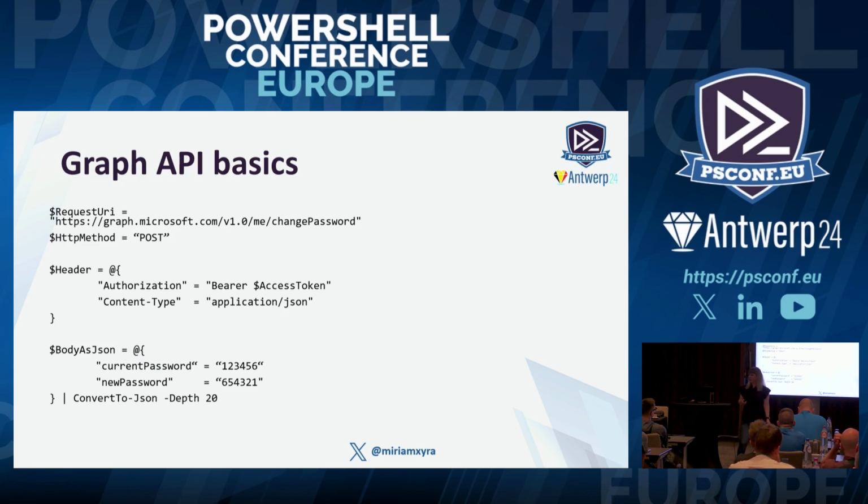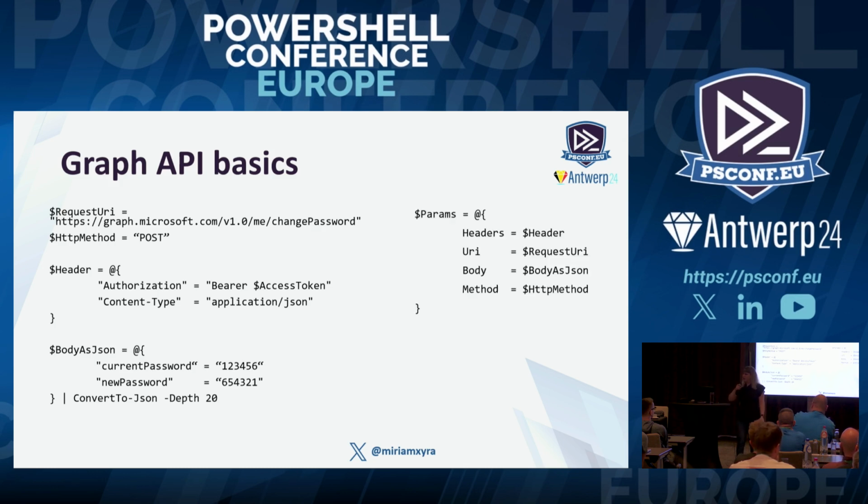We say the current password is the one shown, and we want to change it to a new password, and convert it to JSON to be a JSON object. Once we have that, we pass all the parameters to Invoke-RestMethod, and like that, we can easily change our own password. So this is just an example of how Graph works and how you can query it, and what I use as a base in my demo.